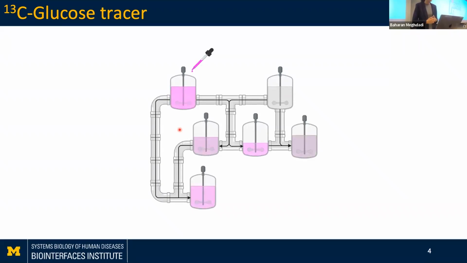If we add some ink to one tank, based on the flow rates, the other tanks will be colored with some concentrations of ink. If we measure the concentration of ink in different tanks, we can write balances for the ink concentration, and we can calculate the flow rates between these tanks. This is a concept in chemical engineering.